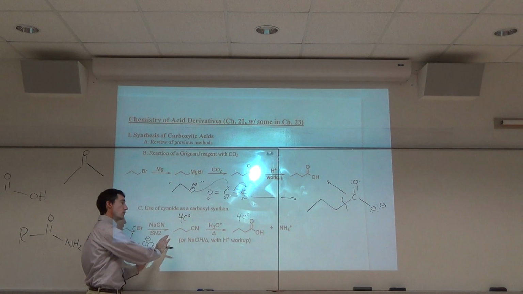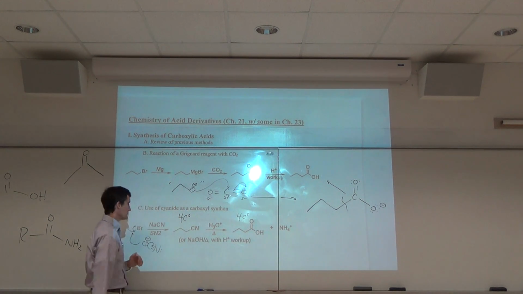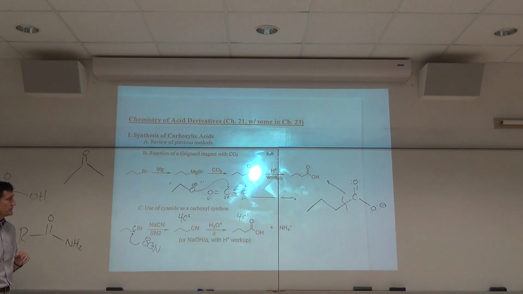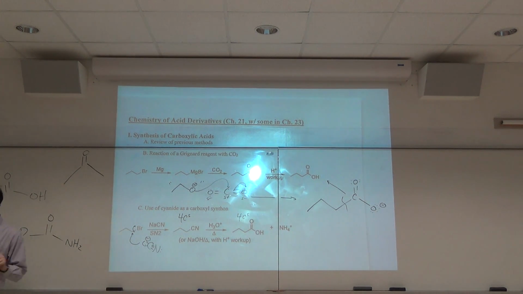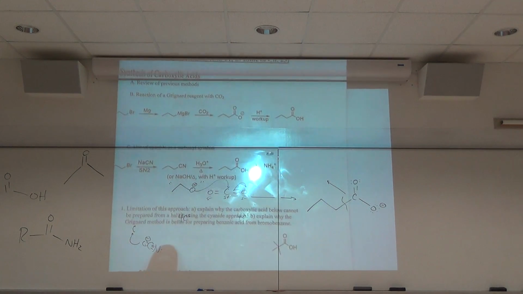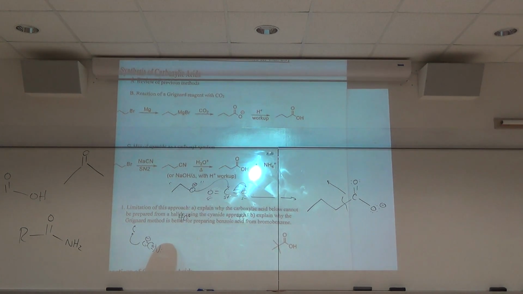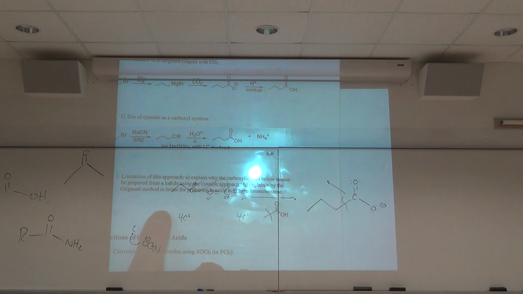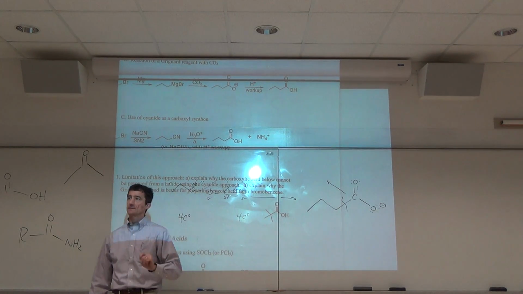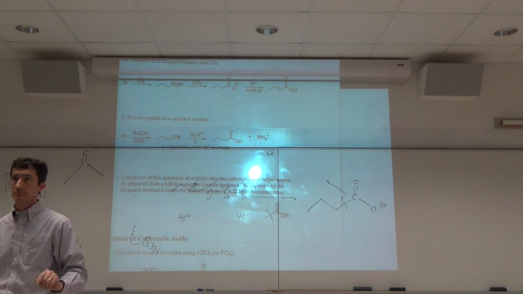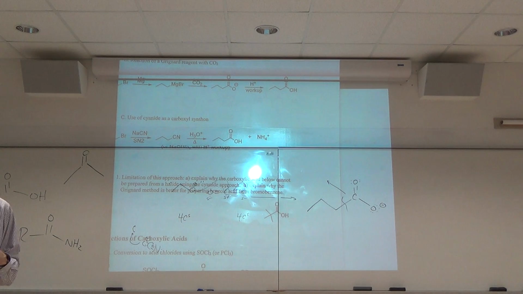We'll look at this mechanism later, when we focus on nitriles. This is two ways. Which way is better if you had a choice? Well, show both ways. Show how you would make this carboxylic acid using each way. So show two different ways.